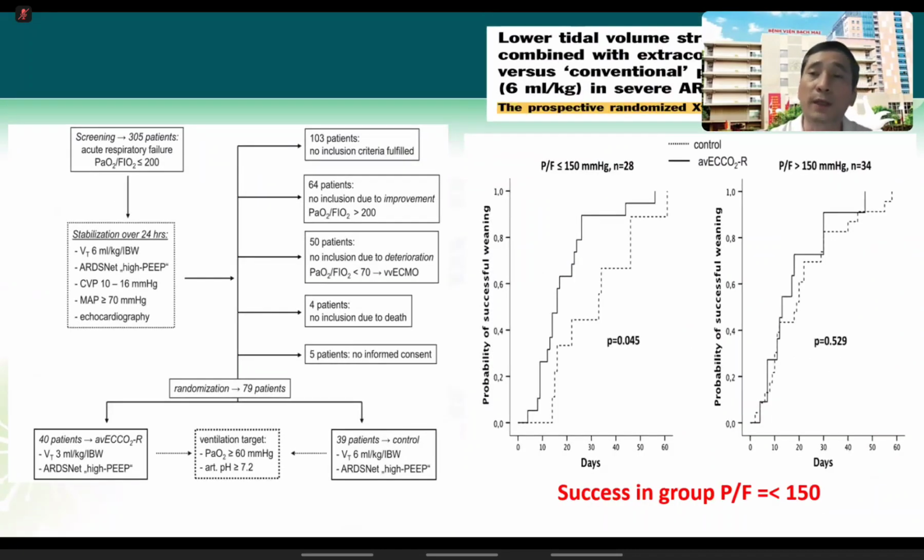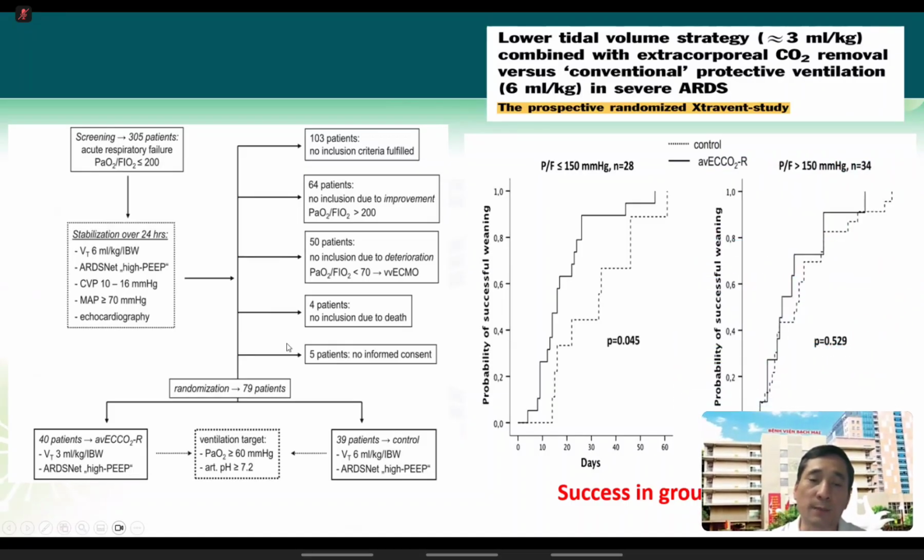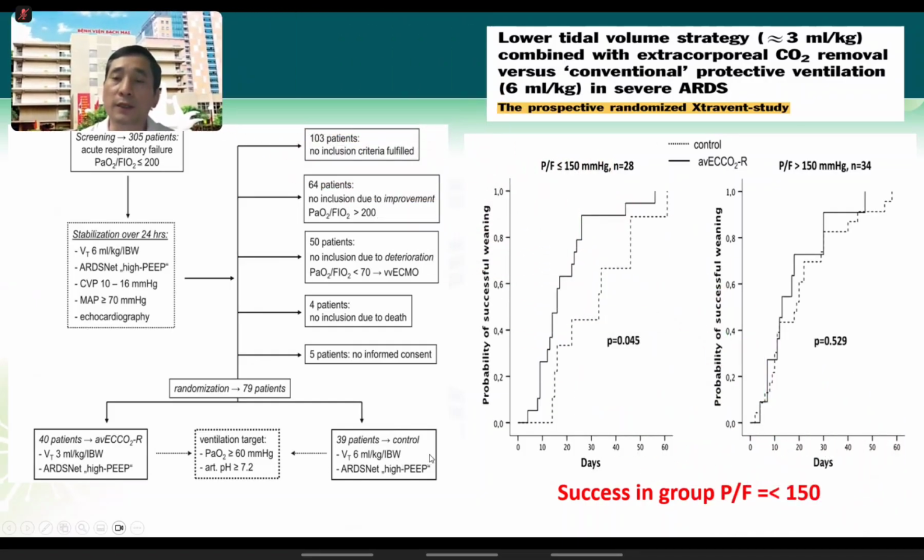And how about comparing when you lower the VT to even a very small VT, like 3 cc per kilogram compared to 6 cc per kilogram? In this study, you can see that there are not so many patients. And we can see the difference in the level of oxygenation in both groups, the group with a PaO2/FiO2 ratio of 150 and above, and the group below that.